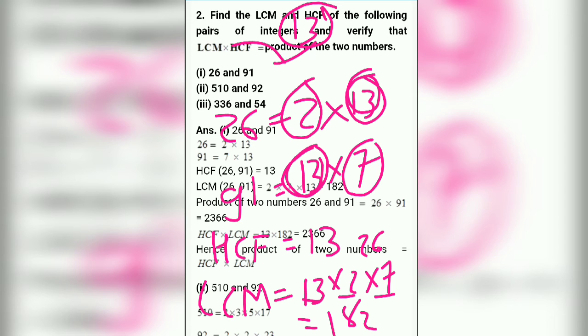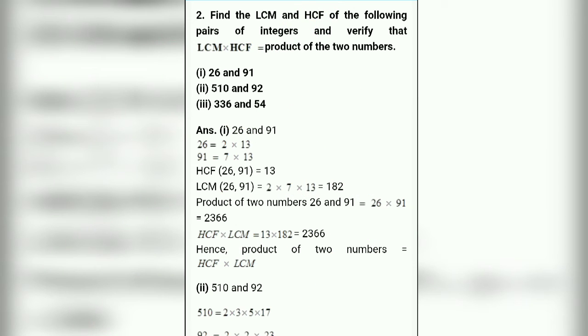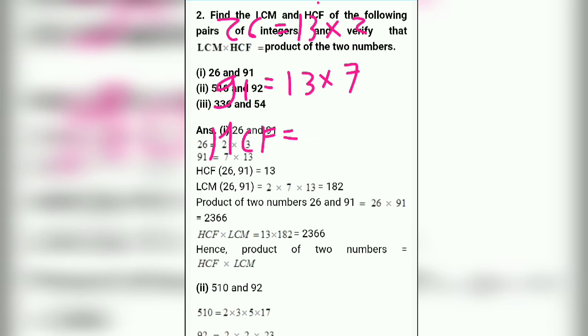Again I repeat the process. 26 is 13 times 2, and 91 is 13 times 7. For the HCF we take the common factor, which is 13.